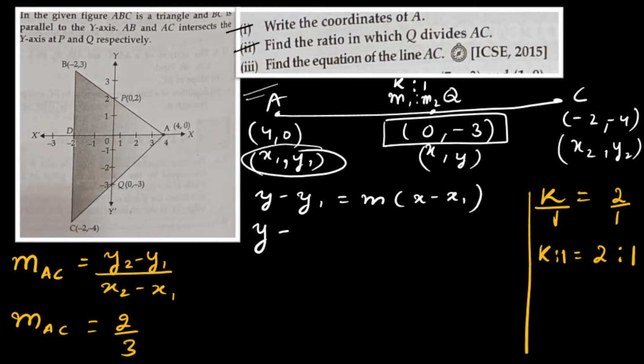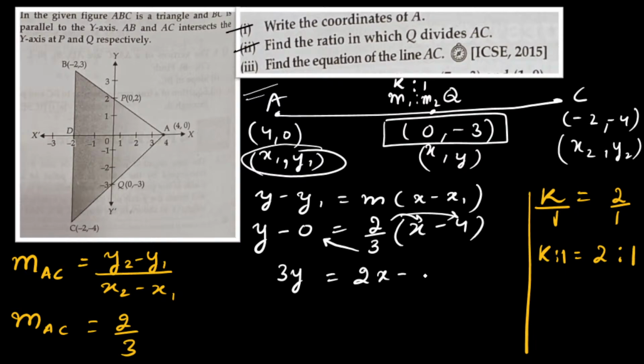So y minus 0 is equals to m. Slope of AC we found just now, it's 2 by 3. X minus x1. x1 is 4. Now this 3 will shift to other side. Y minus 0 is y only. So it will get multiplied by 3. So 3y is equals to this 2x. This 2 will multiply. So 2x minus 2 into 4 is 8.